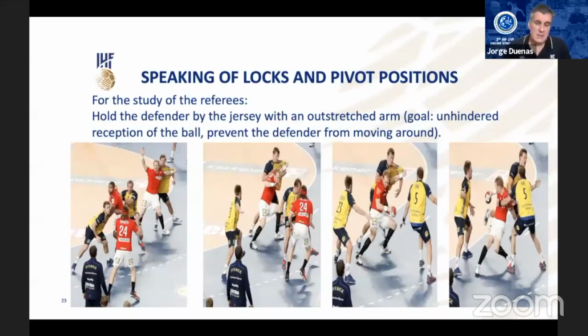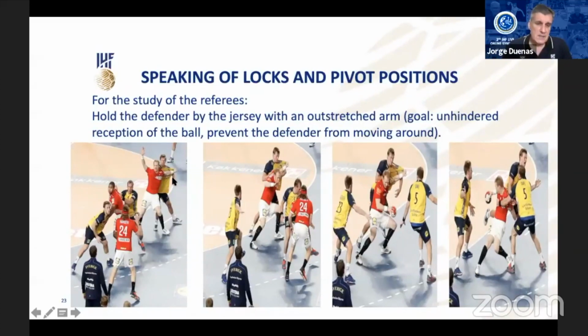So in this case, I show you 4 photos with this example. In this case, a very good line player grabs the shirt of the defender, and wins the position, wins the pass line.